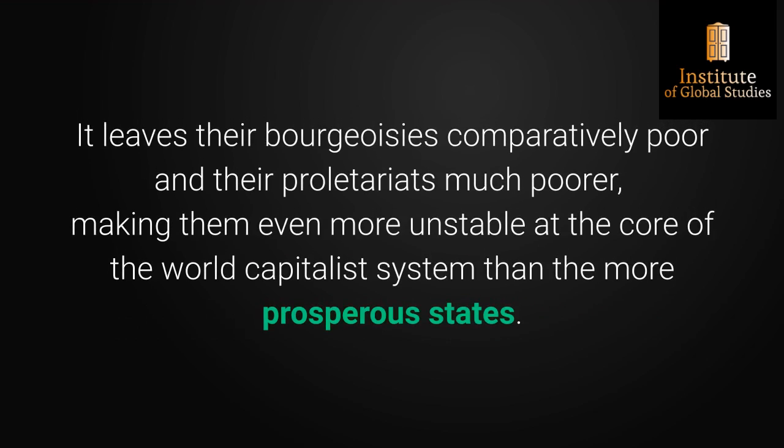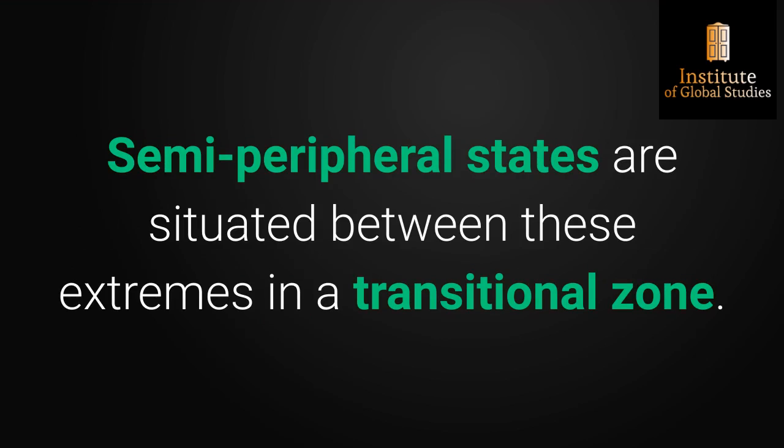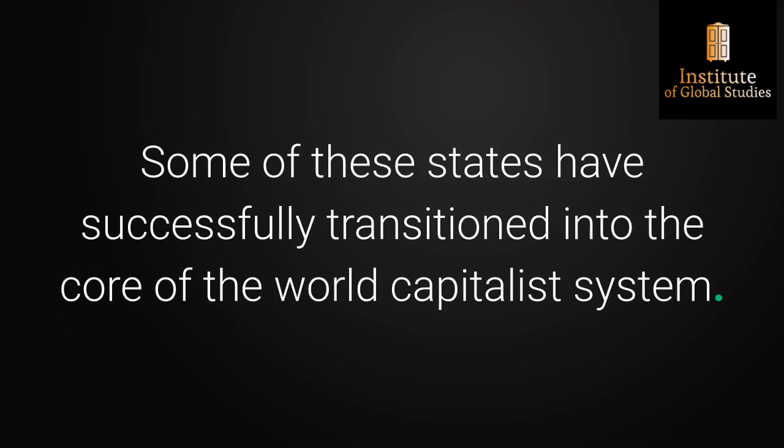It leaves their bourgeoisies comparatively poor and their proletariats much poorer, making them even more unstable at the core of the world capitalist system than the more prosperous states. Semi-peripheral states are situated between these extremes in a transitional zone. Some of these states have successfully transitioned into the core of the world capitalist system.